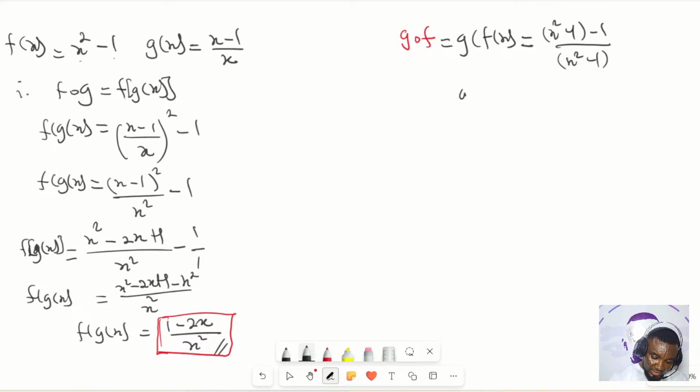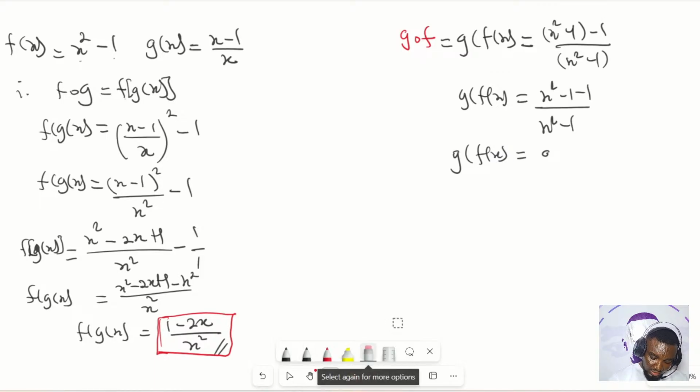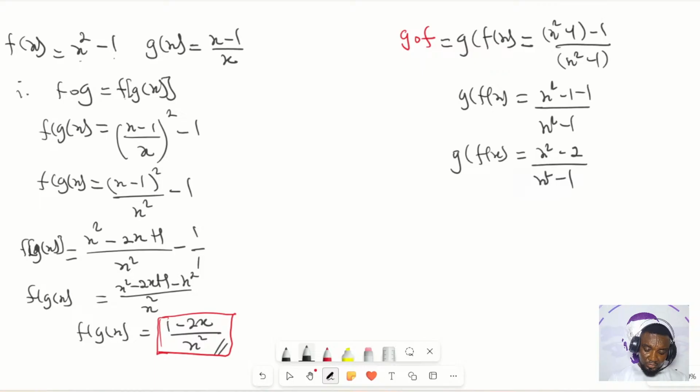So we can write g of f of x as x squared minus 1 minus 1 all over x squared minus 1. So we have g of f of x to be equal to x squared minus 2 all over x squared minus 1, right? So the numerator part is x squared minus 2, and then the denominator part is x squared minus 1.